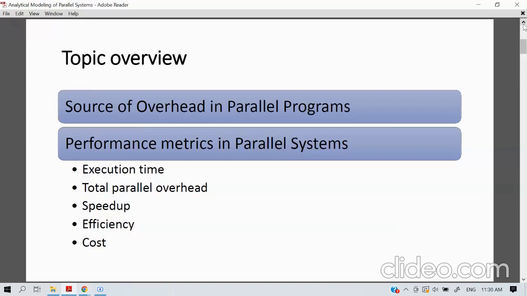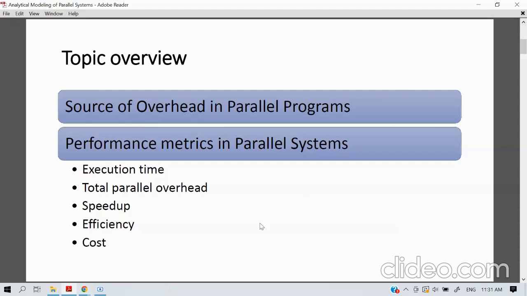How to measure the performance of the parallel program? Wall clock time. Lagi, any answer? Anyone?